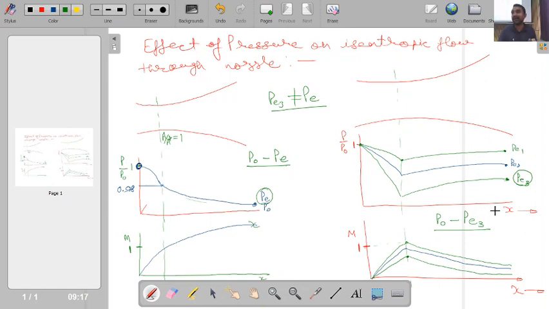Okay, so it means that for the flow through a nozzle there are multiple isentropic subsonic flow solutions possible. But the supersonic flow situation will only happen if my pressure is maintained equal to PE. So corresponding to the supersonic situation, I have only a unique isentropic supersonic flow possible. Is this point clear?